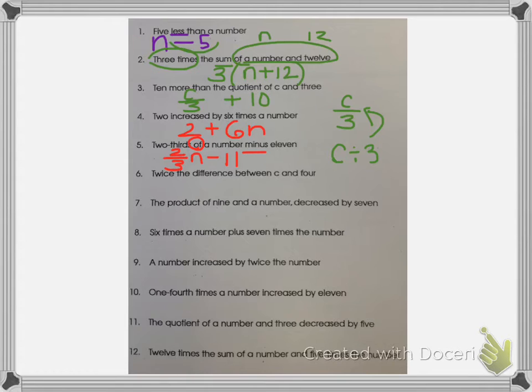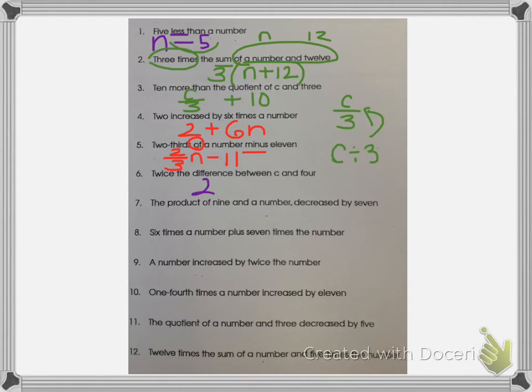All right, let's try number 6. We're flying. Let's do purple. Twice the difference between C and 4. Let's just think about this. This one sounds weird. I think you put the parentheses. Twice is 2 on parentheses.